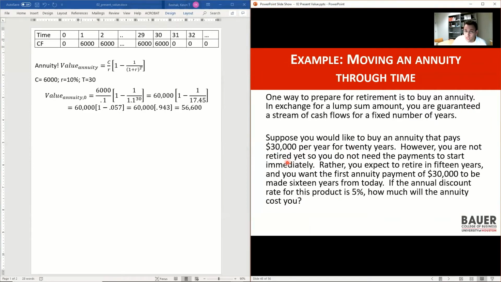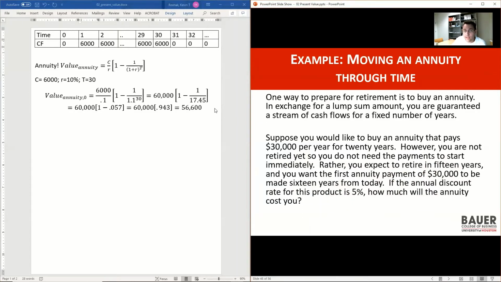But you're saving for retirement, you're not retired yet, so you don't need the payments to start right away. The payments start in year 16. You're still going to work for 15 years, and you want that first payment to occur in 16 years. We have an annual discount rate of 5%. How much is this annuity going to cost you today?